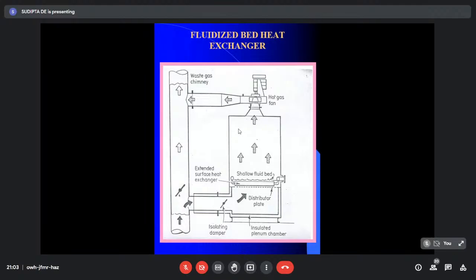Then the corresponding zone with gas-solid mixture is called bubbling fluidized bed.